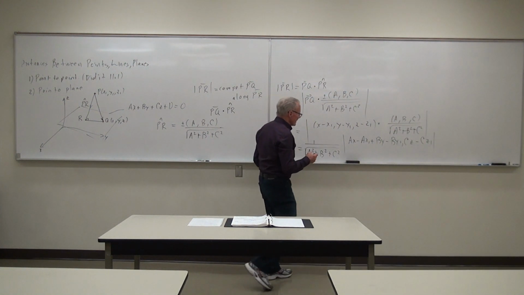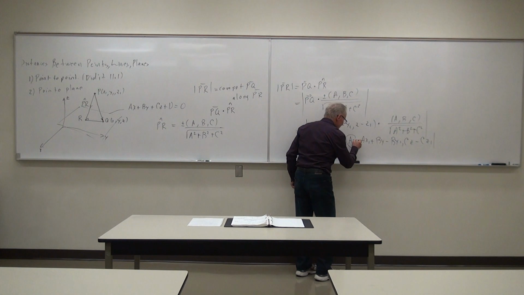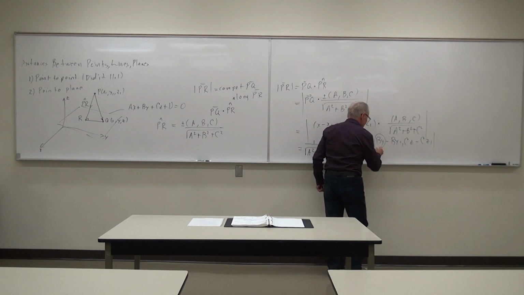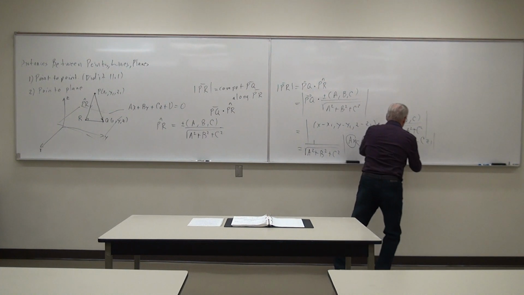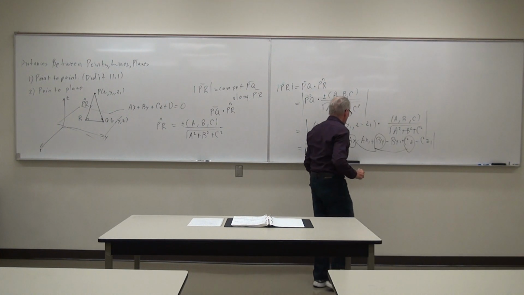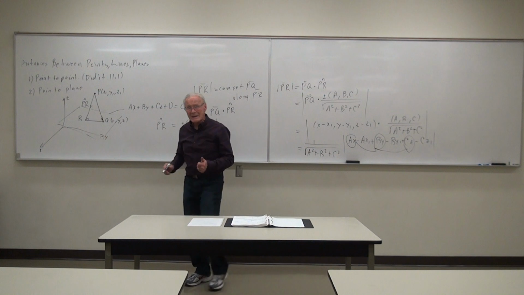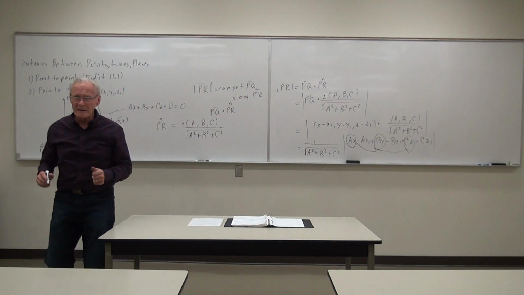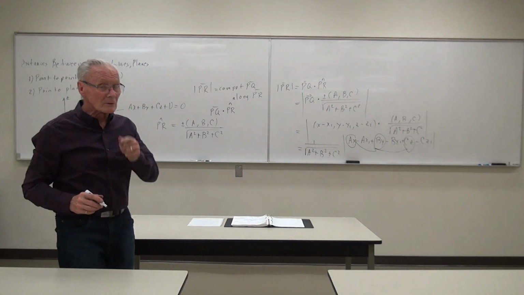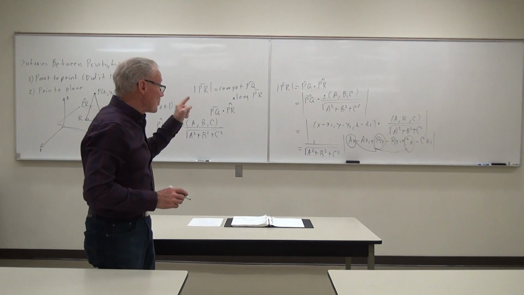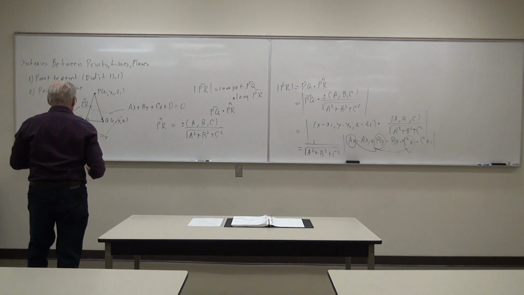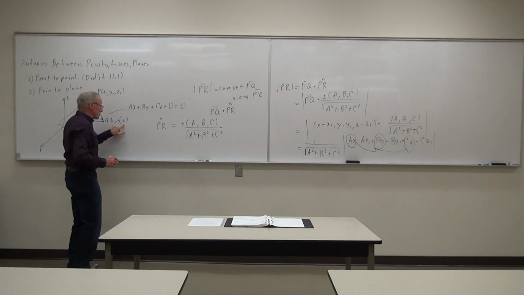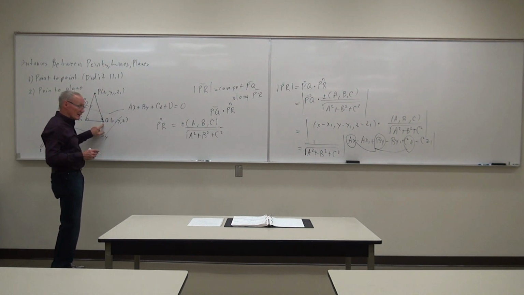But let's take a look. This one and that one. That should not be a comma. That's a plus. How much? It's ax plus by plus cz. Remember what Q is. x, y, and z are the coordinates of the point Q, and the point Q is on the plane.